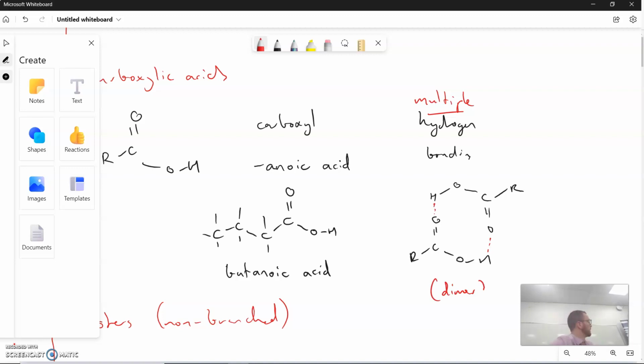D-I-M-E-R, dimer structure. So there's multiple hydrogen bonds. So very strong. So carboxylic acids, in terms of the trends in our boiling points, will have the highest of the boiling points for similar length hydrocarbon chains.